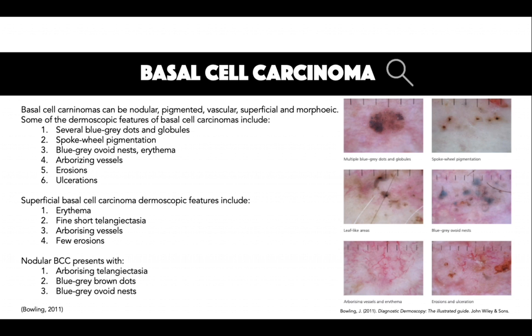Superficial basal cell carcinoma key dermoscopic features include erythema, fine short telangiectasia, arborizing vessels and some erosions, whereas nodular BCCs present with arborizing telangiectasia, blue to grey brown dots, as well as blue to grey ovoidness.